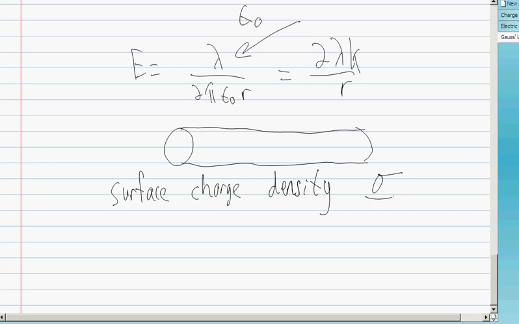And the units for that surface charge density are going to be coulombs per square meter.